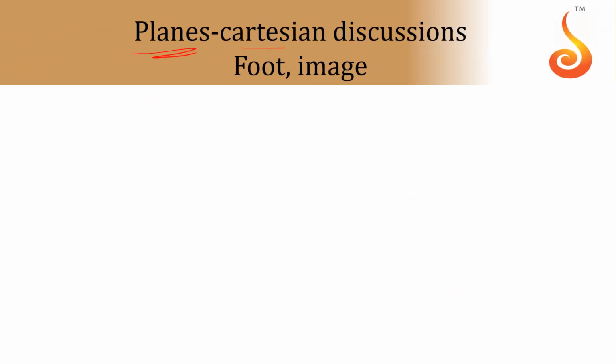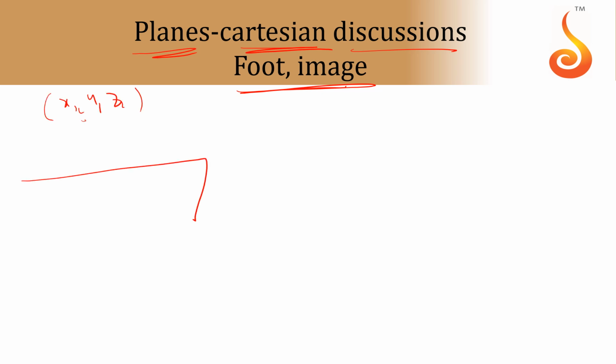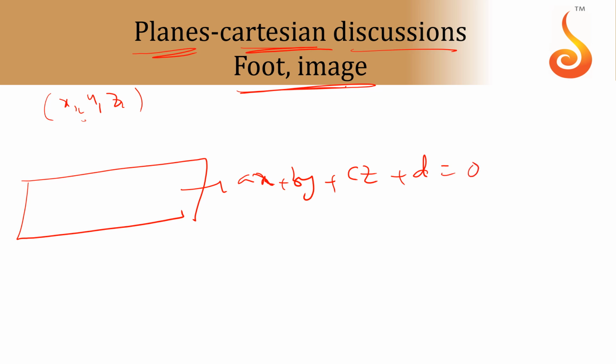So planes, Cartesian discussions, foot and image. Just like your 2D straight lines, suppose you have a point x1, y1, z1 and there is a plane ax plus by plus cz plus d equal to 0. Let the foot of the perpendicular be some alpha, beta, gamma.